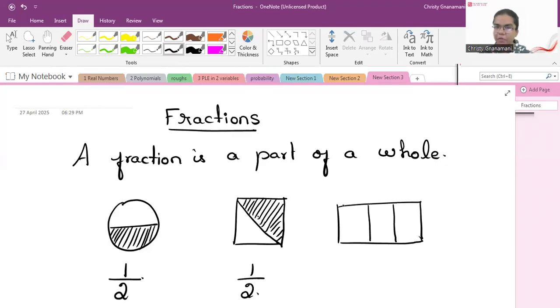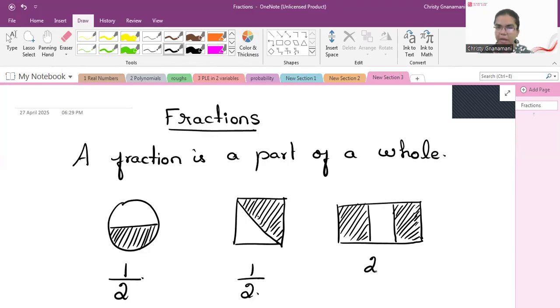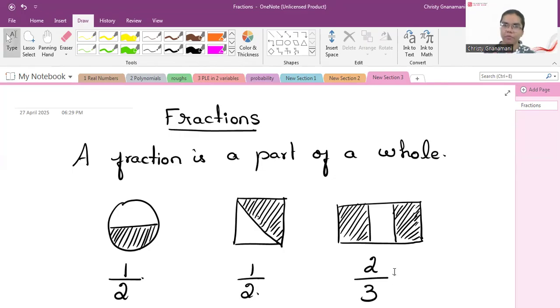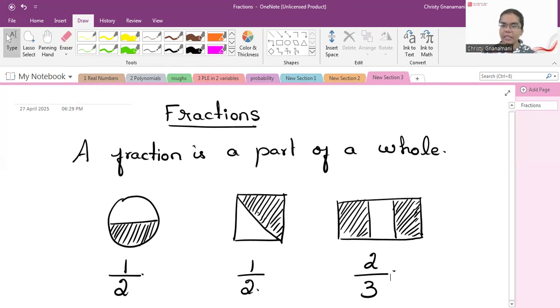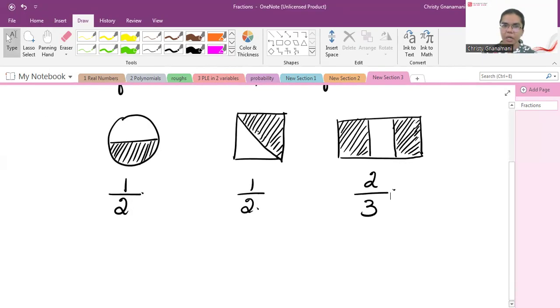And if you shade 2 of these parts, then what part of the rectangle is represented by the shaded part? It is 2 parts, like this, the green parts. Right. Okay, so this is what we call a fraction, a part of a thing. And there are many different types of fractions. So let us dig deep into the different types of fractions.